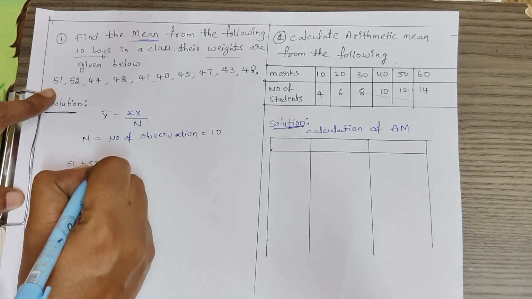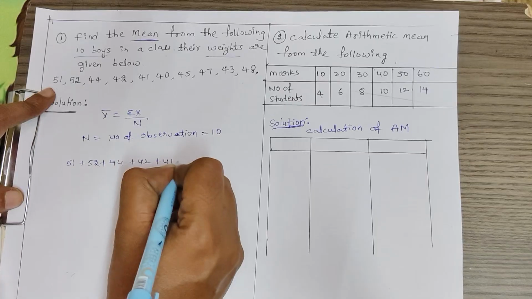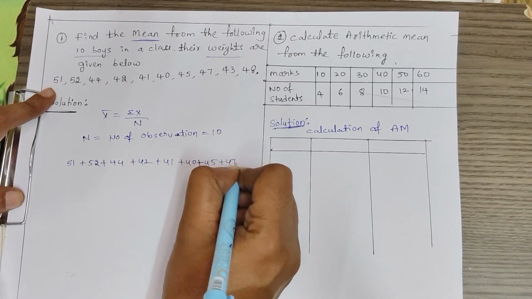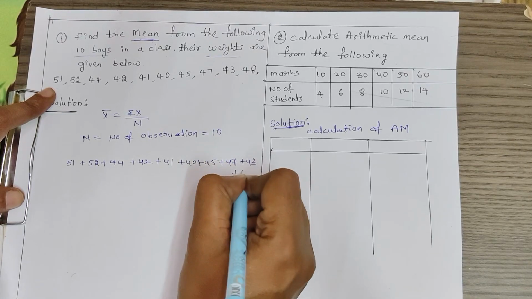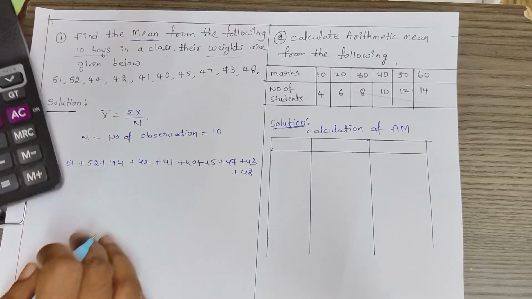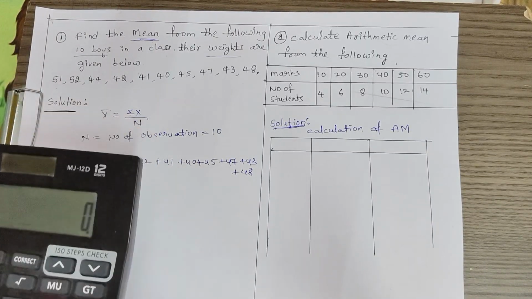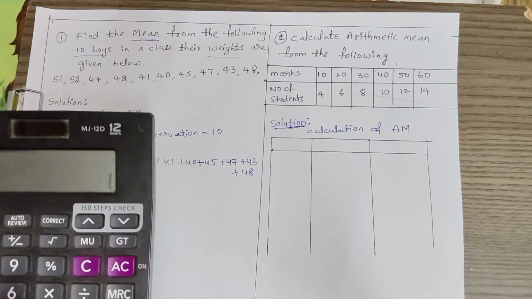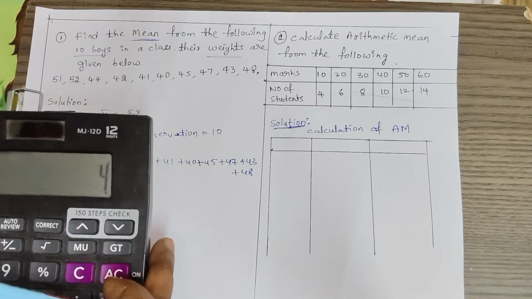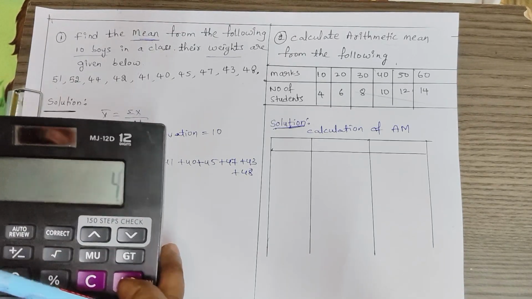So just take the total. 51 plus 52 plus 44 plus 42 plus 41 plus 40 plus 45 plus 47 plus 43 plus 48.